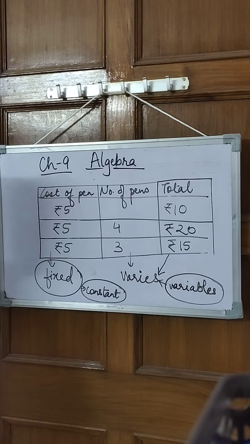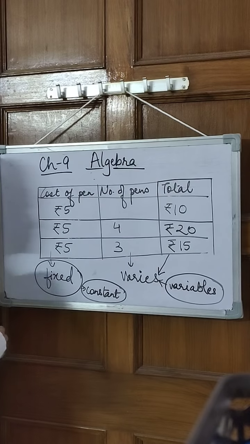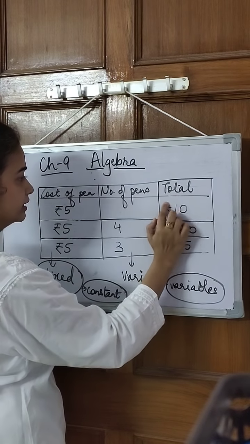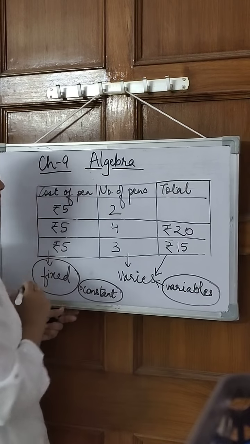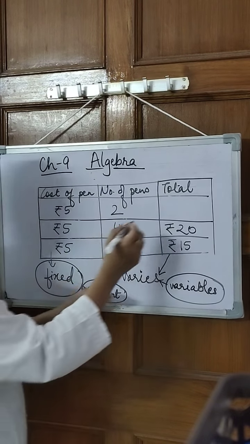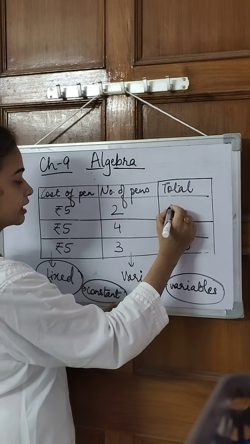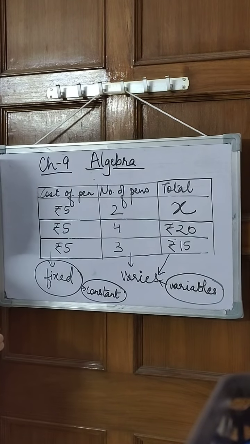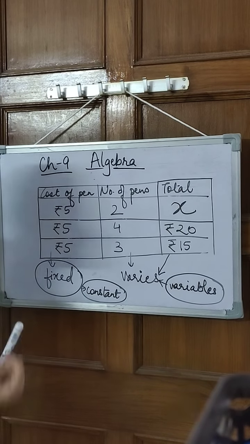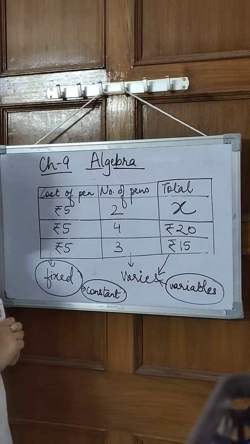So what I can do here is replace this number by x. Suppose I am replacing the easier number first, where the customer wants 2 pens, and I am asking you to find this. So as I said, what we do in algebra is that whatever quantity is unknown, we represent it with the help of a variable, with the help of a letter.